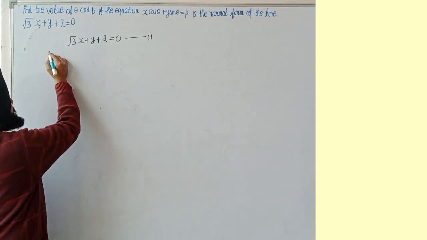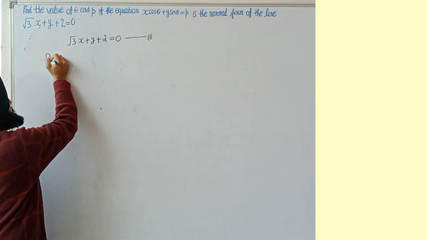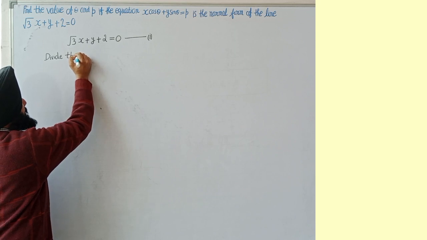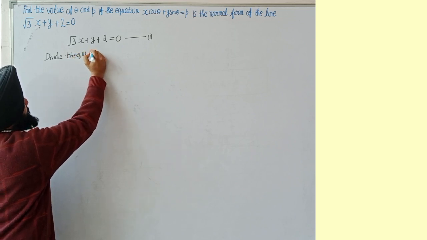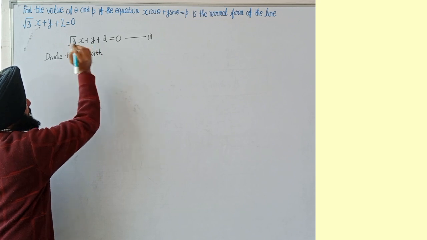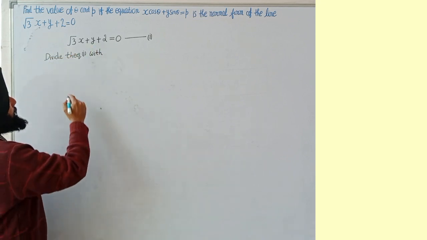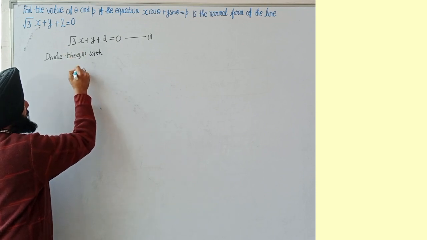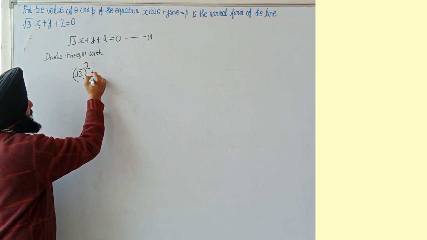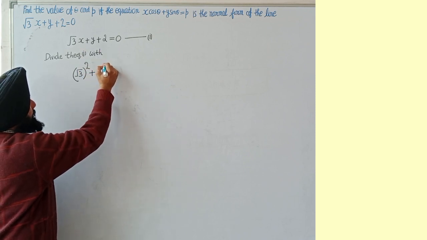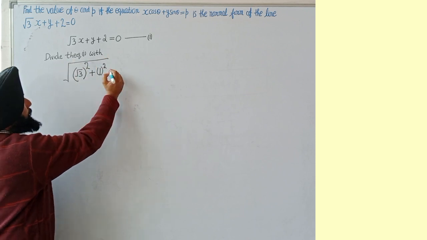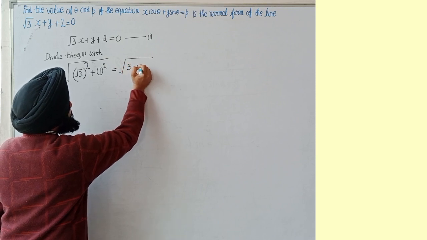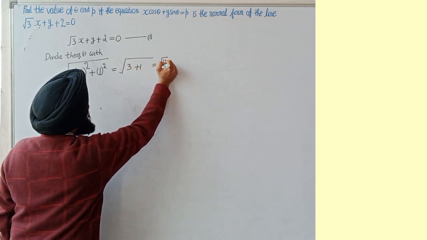Now divide equation 1 by the square root of 3 plus 1, that is square root 4, means 2.